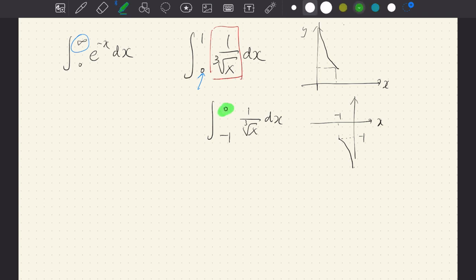Here, the problem is here. So it is occurring at the upper limit of integration.